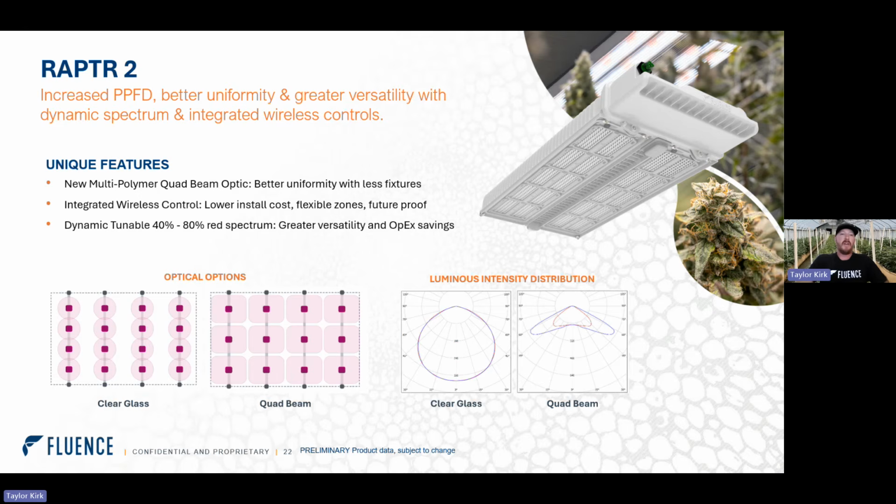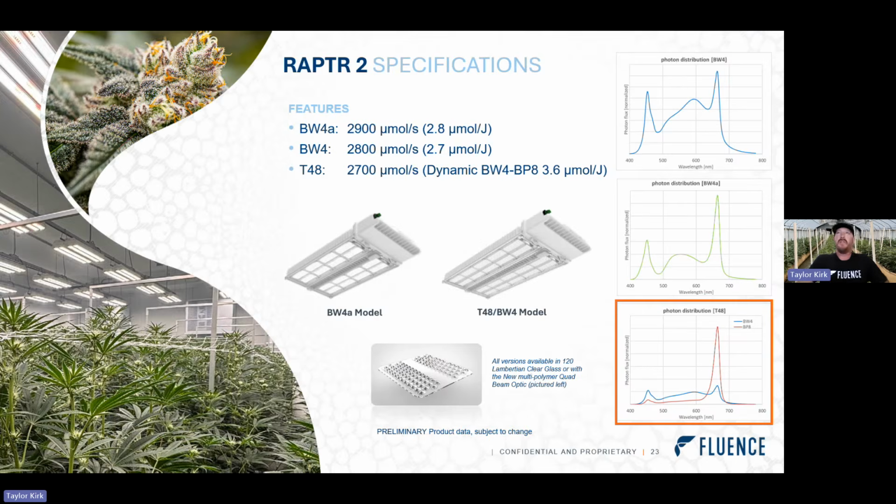Really sleek, heavy duty fixture. As you can see, it's offered in three different spectrums, the static BW4 and BW4A, but for the purposes of this webinar, we're focusing on that T48, again, the dynamic white and red, which is really going to offer growers the most economical fixture to date from Fluence to be able to manage light recipes based on stage of growth for energy efficiency, maximum output.